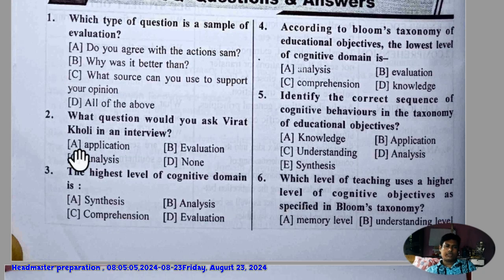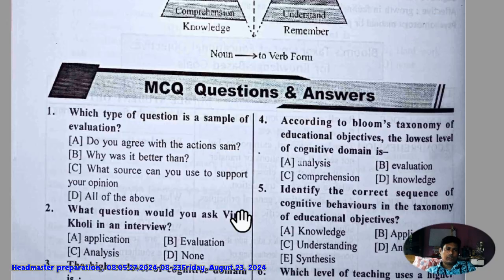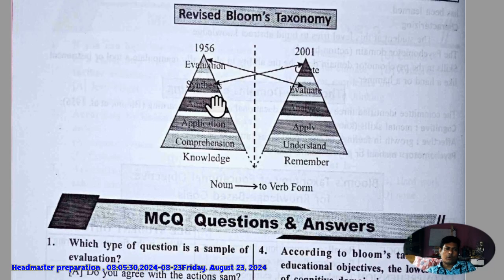Now according to Bloom's taxonomy of educational objectives, the lowest level of cognitive domain is knowledge, not comprehension. Identify the correct sequence of cognitive behaviors in the taxonomy of educational objectives.